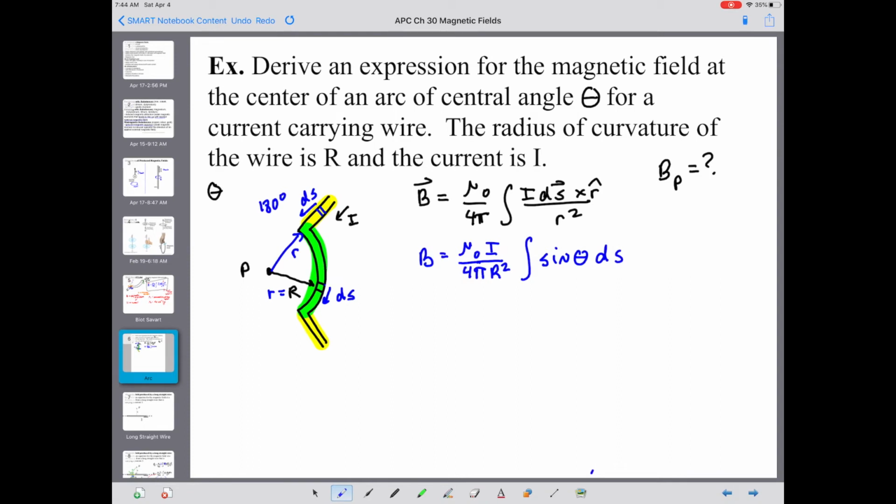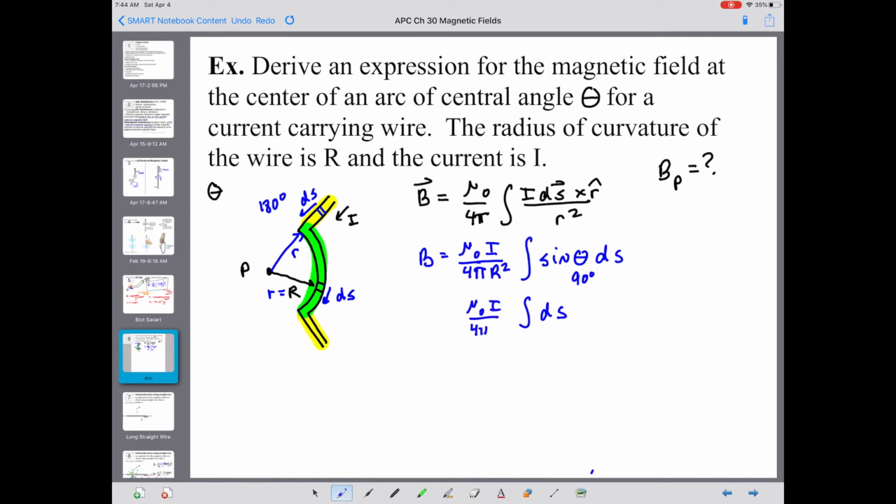Well, sine of theta, everywhere along here, I can't draw it on the diagram, is 90 degrees. Your ds chunk is always perpendicular to your radius, so that's going to be sine of 90 degrees. So even that goes away. So all we end up with in the integral is just the integral of ds.